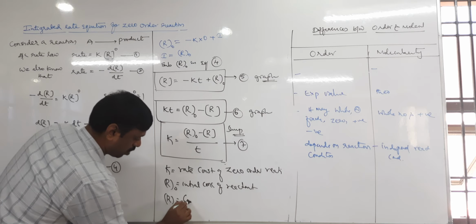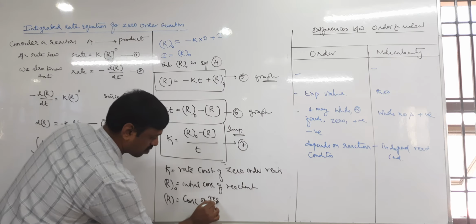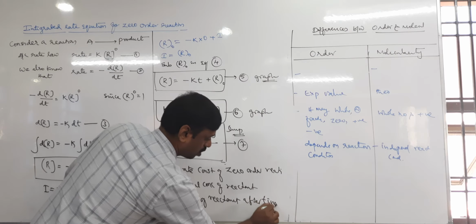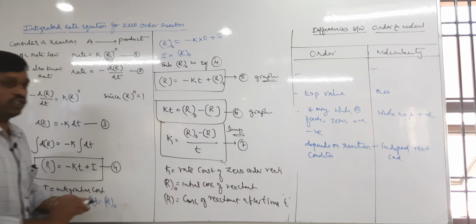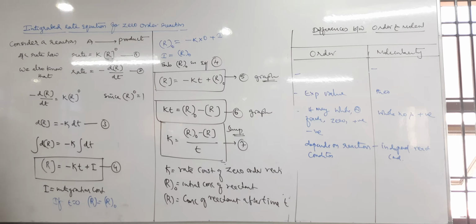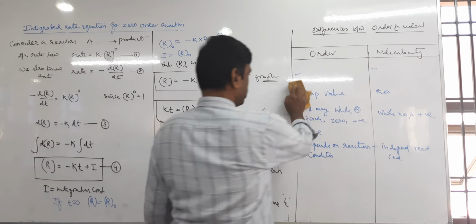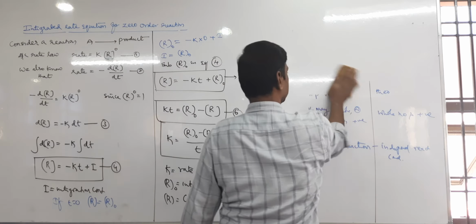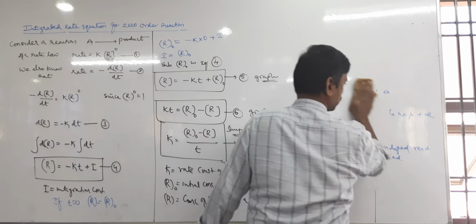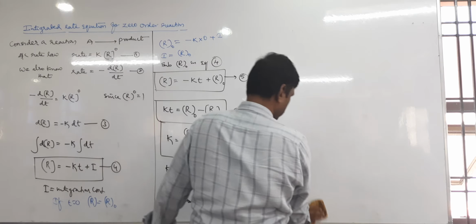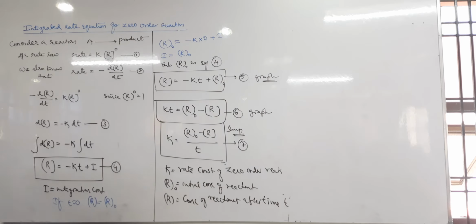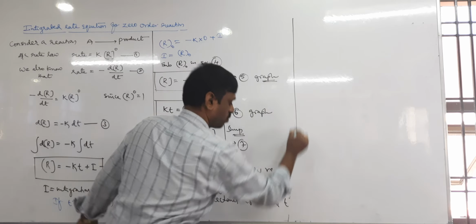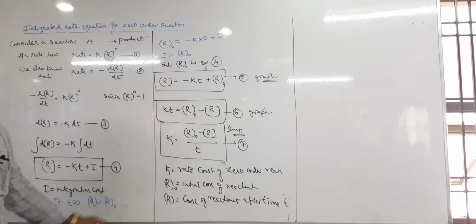So it is the concentration of reactant after time t. Of course t is time, it may be in seconds or minutes, depends on the question. Okay, so this is the integrated rate equation for zero order reaction.